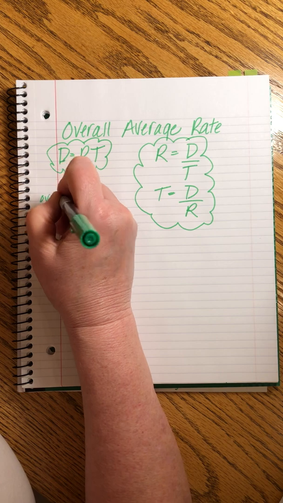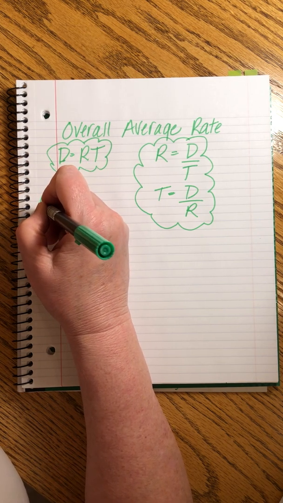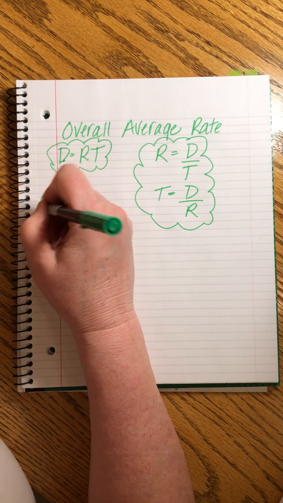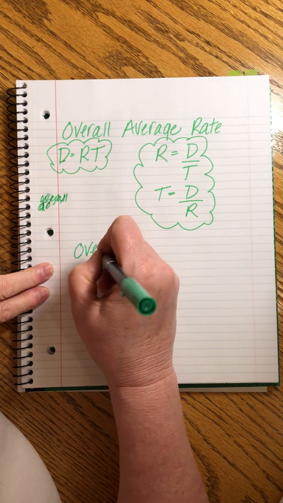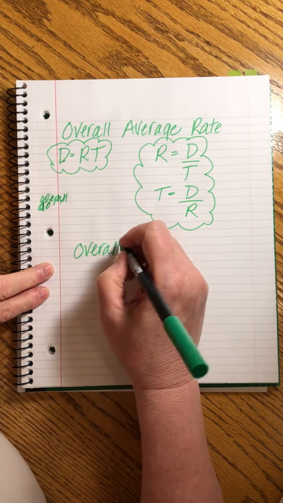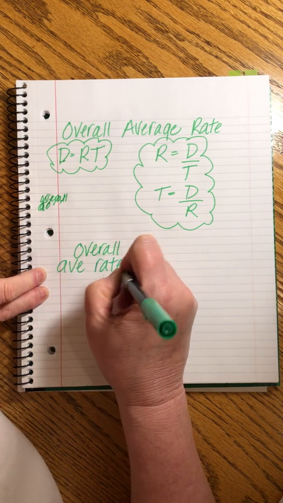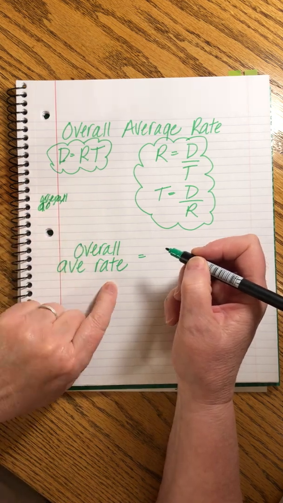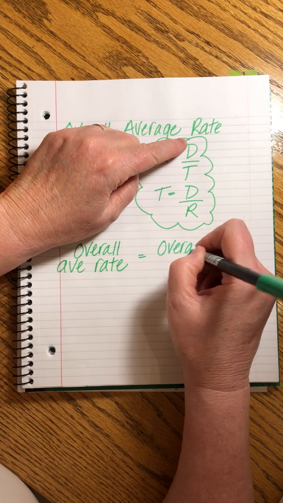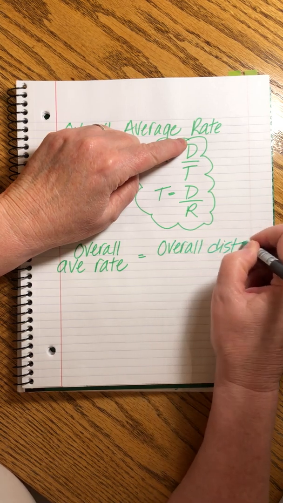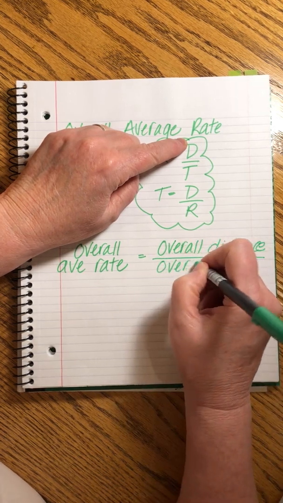The overall rate, average, oh wait, I don't want to write it here, it's too little. The overall average rate will equal the overall distance divided by the overall time.